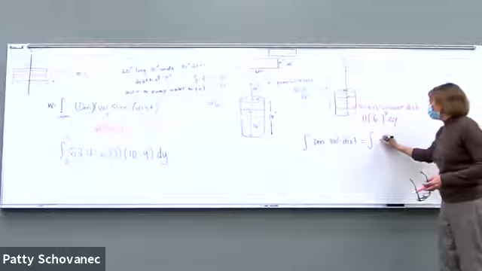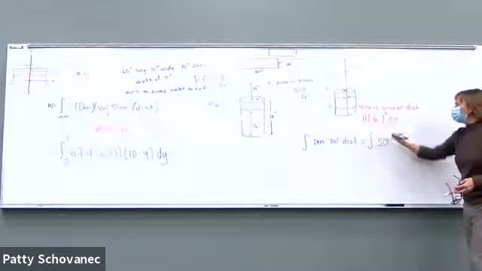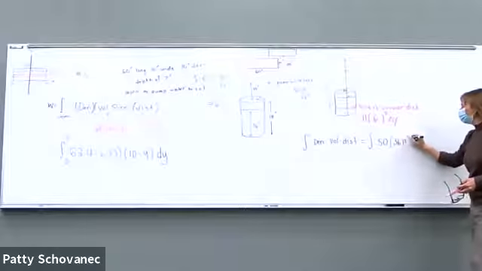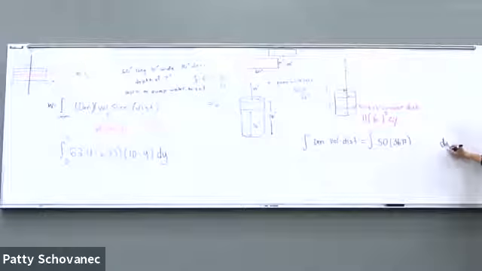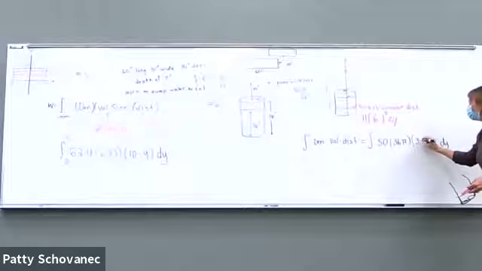Density was 50 pounds per cubic feet. This multiplies to 36 pi, and then the delta y gives me the dy on the end. And then the distance we said was 32 minus y.